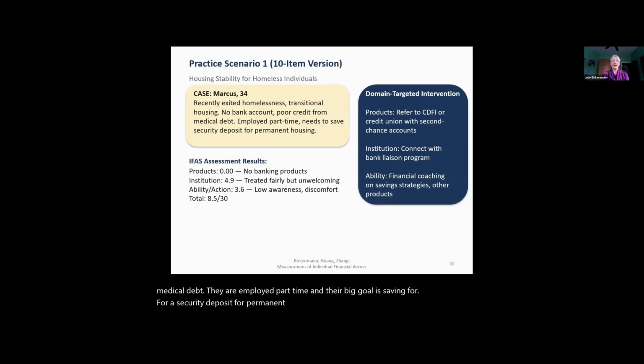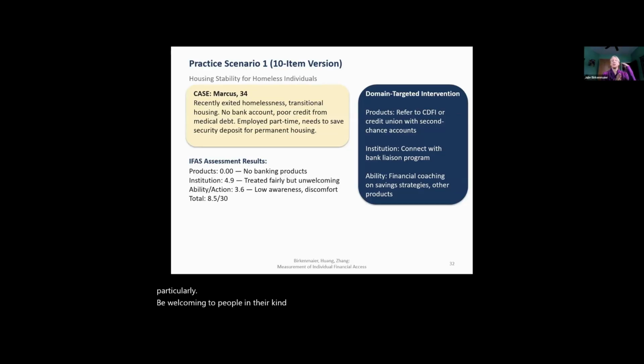Using the IFAS scale, you could see that for the products domain, they would score a 0. They currently don't own any products at all. For the institutional domain, they may get a score of 4.9. They perhaps have been treated fairly in the past, but they don't perceive financial institutions as being particularly welcoming to people in their kind of situation.